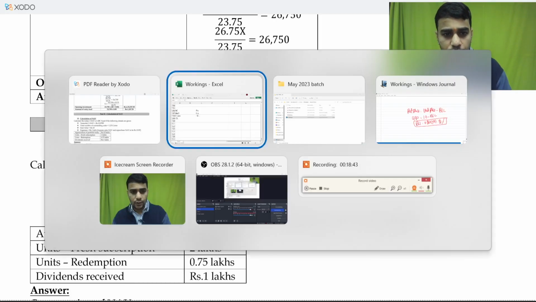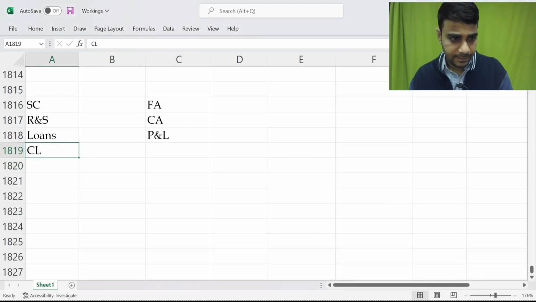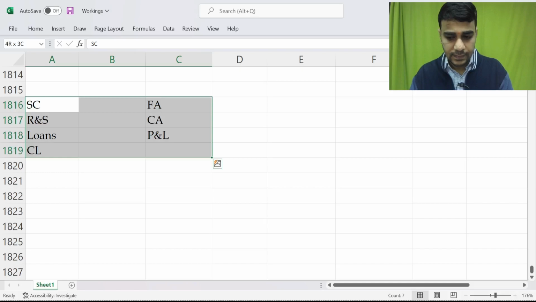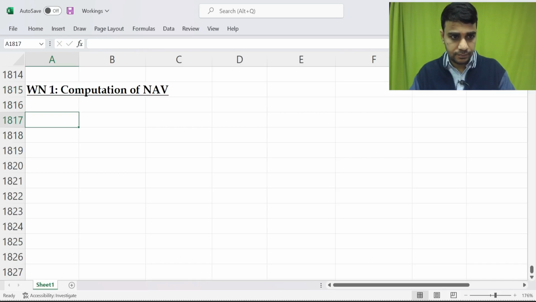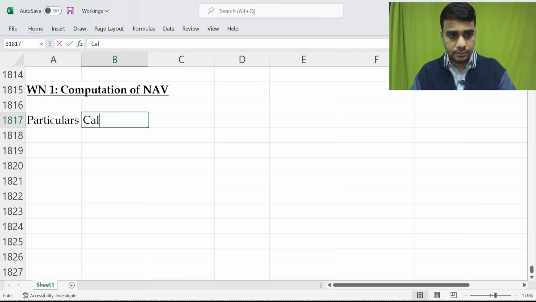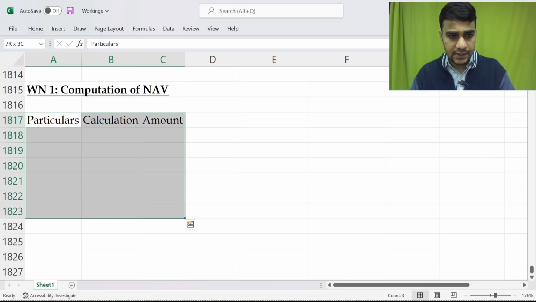Let's write working note 1, computation of NAV. Particulars, calculation, amount.